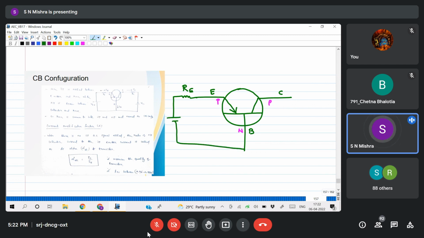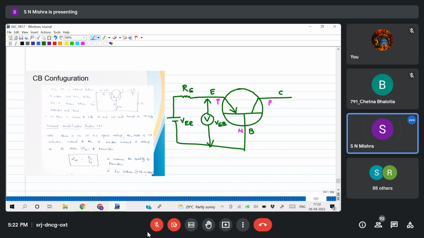I'm giving here the name VEE, and the potential difference between emitter and base I can measure with a voltmeter, and this will be VEB.